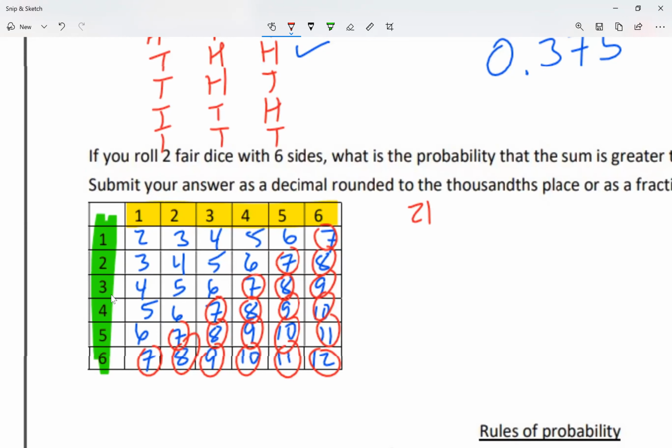Okay, 21 of them were 7 or higher. So that's my favorable outcome. How many are there altogether? I'm going to say there's 36, right? We can count them. There's 36 altogether.